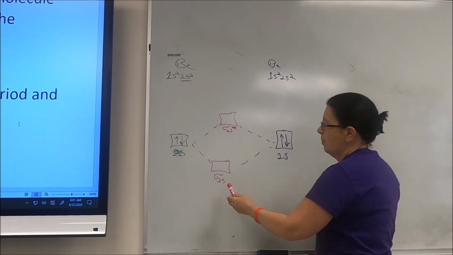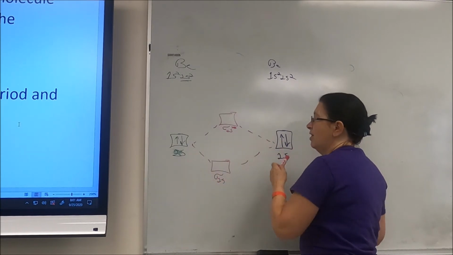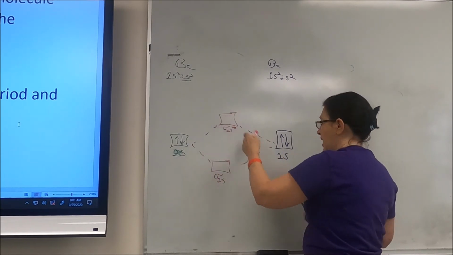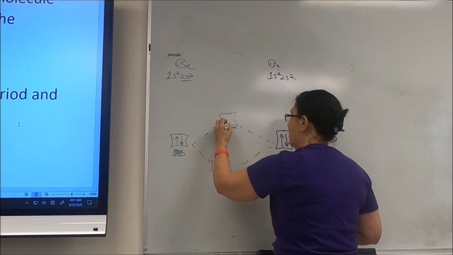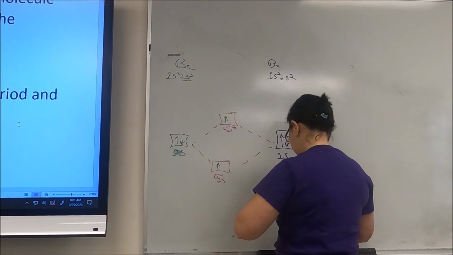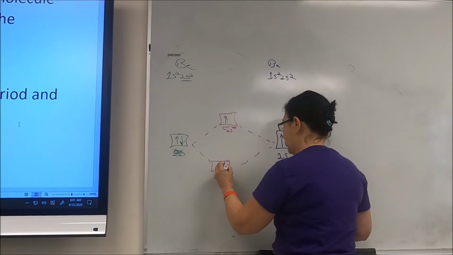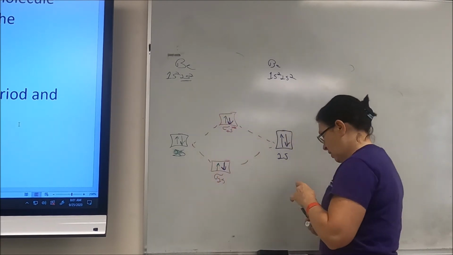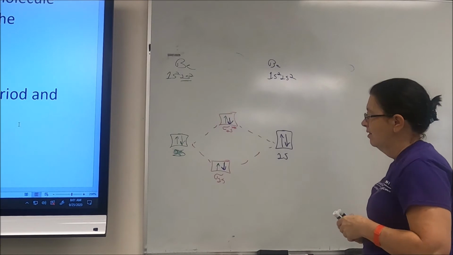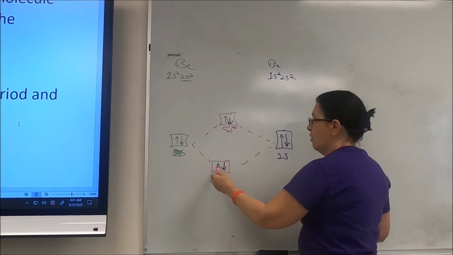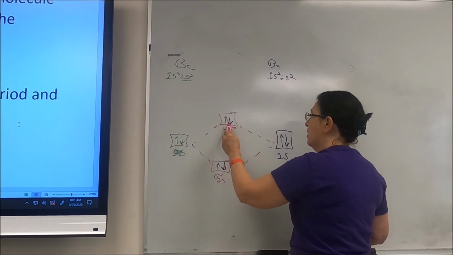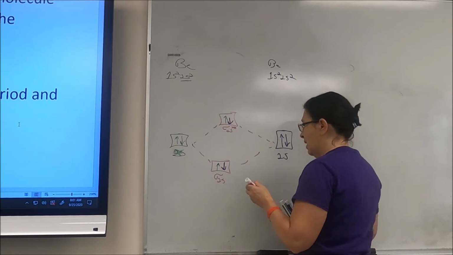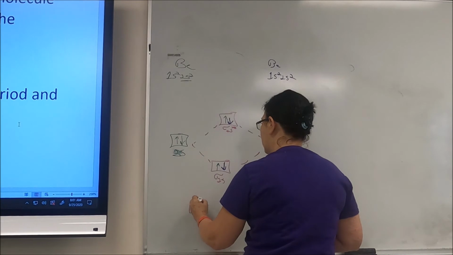Okay, notice the bonding is always lower in energy than the original atomic orbitals. The antibonding is higher. And so I'm going to get a situation that looks like this. Okay? We move 2 electrons, 1 from each of the atoms, into the sigma bonding, and 2 electrons, 1 from each of the atoms, in the antibonding.